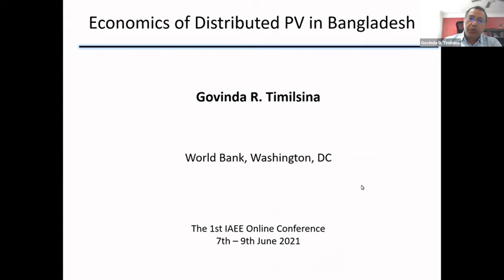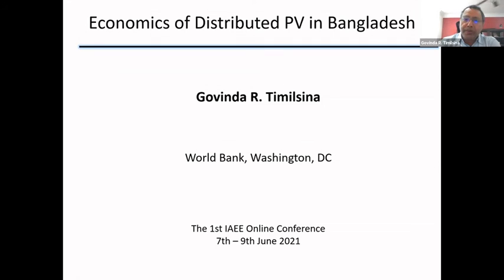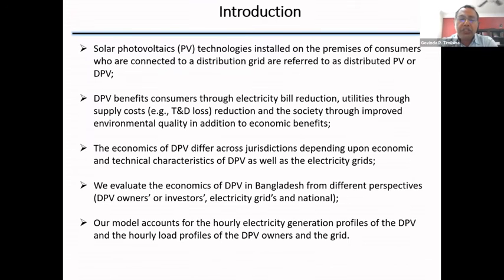For those who are not familiar with it, distributed PV is basically photovoltaics installed in consumer premises and connected to the grid, so that if there is surplus electricity production, they can sell it to the grid.